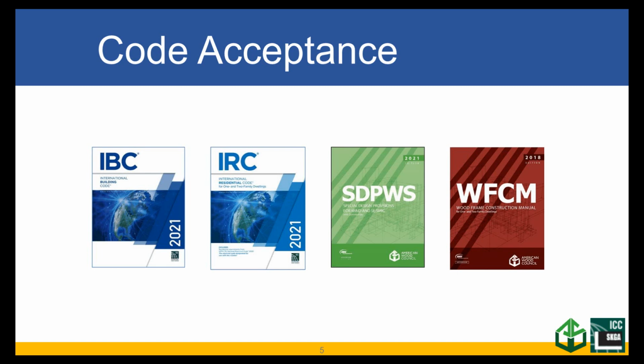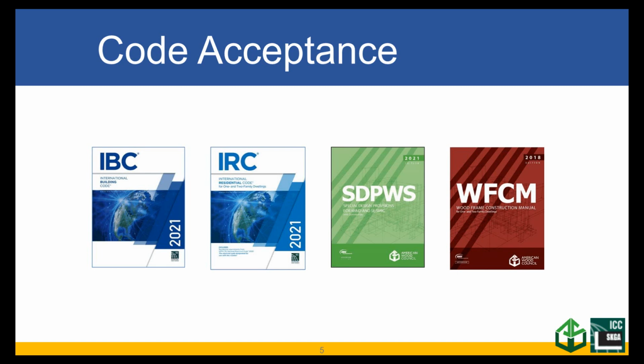You should also be aware that the previous edition to the Wind and Seismic Standard, the 2015 edition, also included these provisions that we'll be discussing today, and there were no major or substantial changes to these provisions in the 2021 Wind and Seismic Standard.